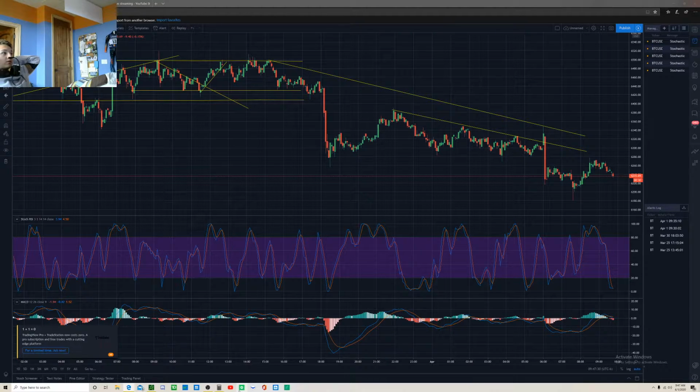And it looks like it's about to cross. I mean, it would be a good buy technically right now, but it needs to stop making lower lows.